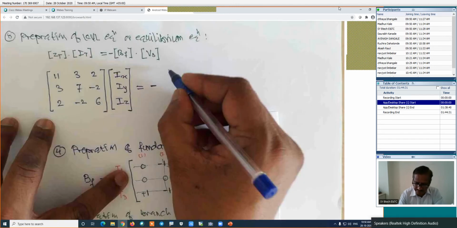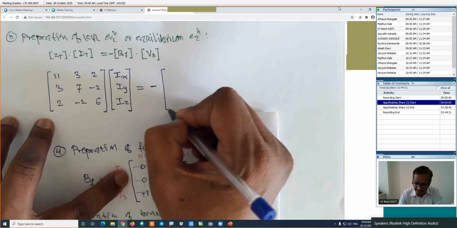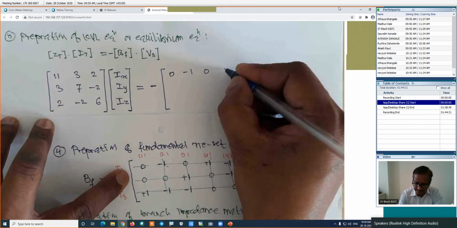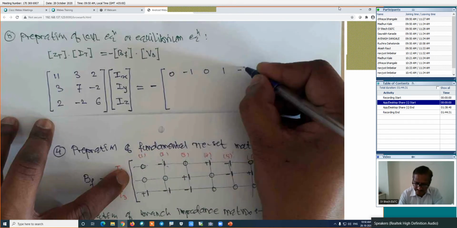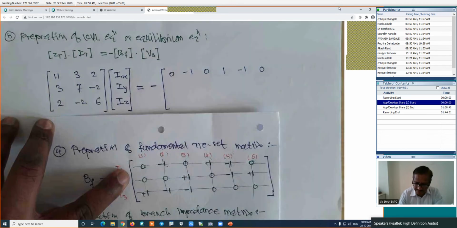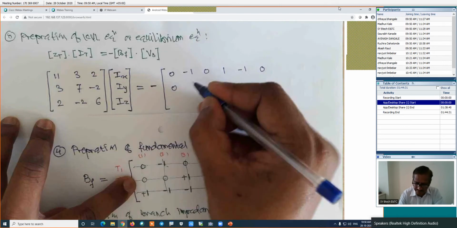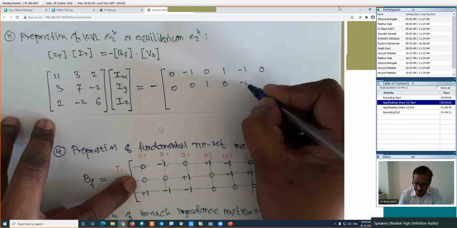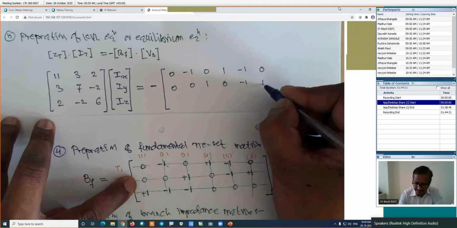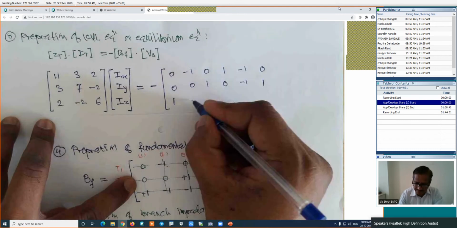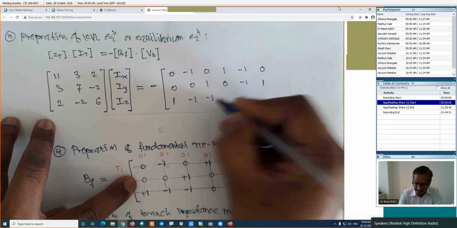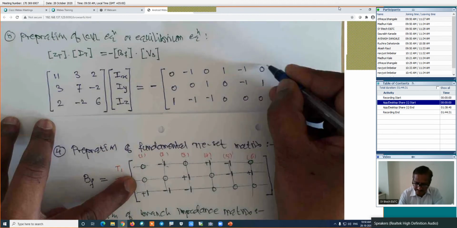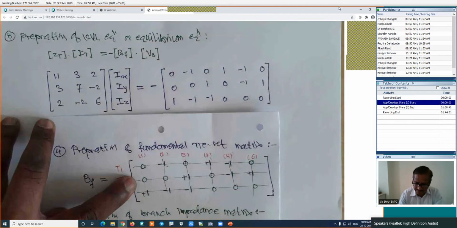This is 0, minus 1, 0. This is plus 1, minus 1, and 0. Is it right? The next row: 0, 0, plus 1, 0, minus 1, plus 1. The next: plus 1, minus 1, minus 1, 0, 0 and 0. This is the matrix which is the fundamental Triset matrix.